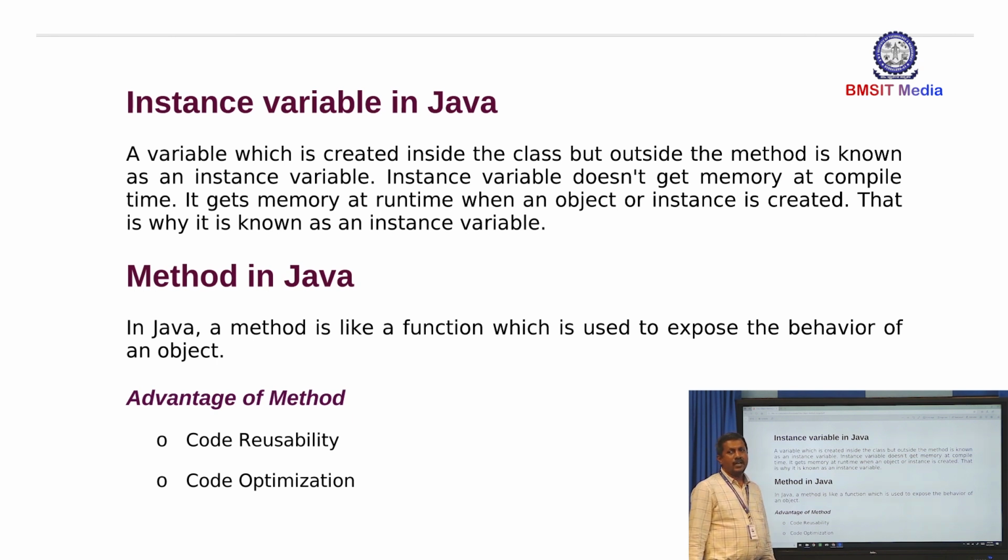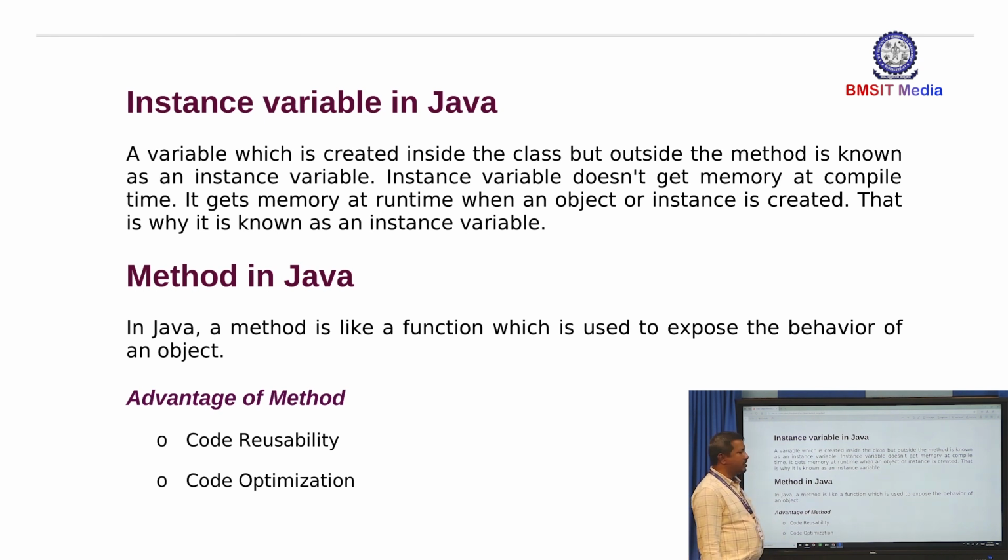When the program runs and the object or instance is created, that time it gets the memory. That is why it is called an instance variable.